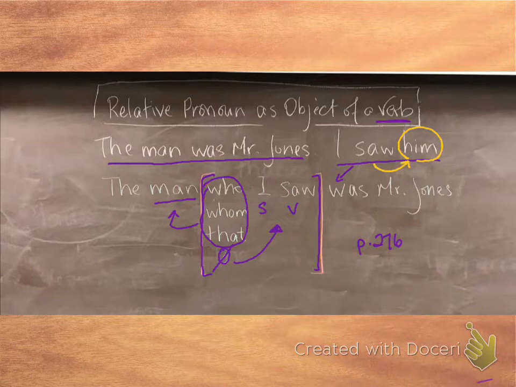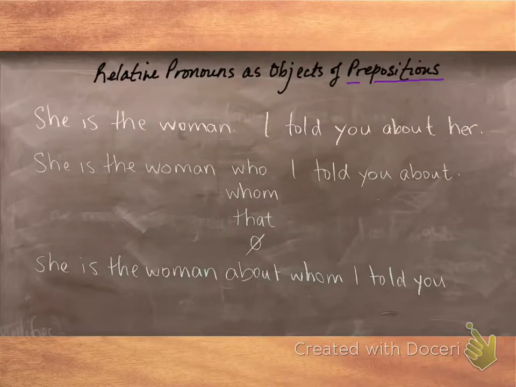I saw him. So him is the object of the verb saw. So let's flip over to the next board. Here I have she is the woman. I told you about her. Here, you is the object of told, and her is the object of this preposition.